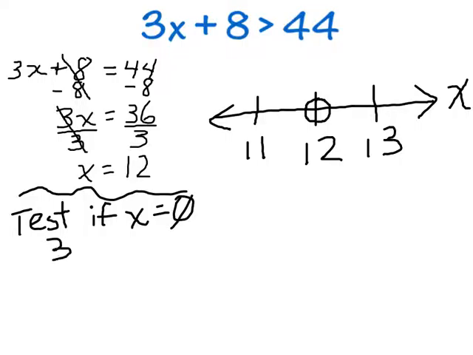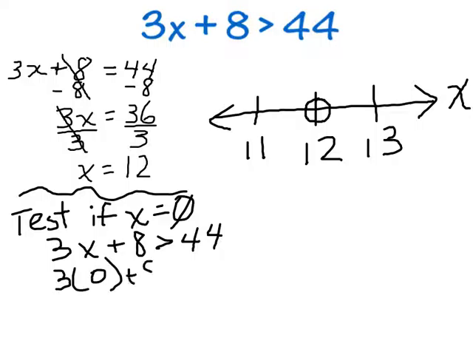So always start with the original inequality. I'm replacing x with the value of 0. On the left-hand side, I have 3 times 0, which is 0, and then plus 8.